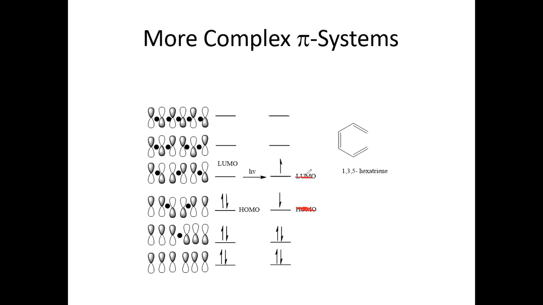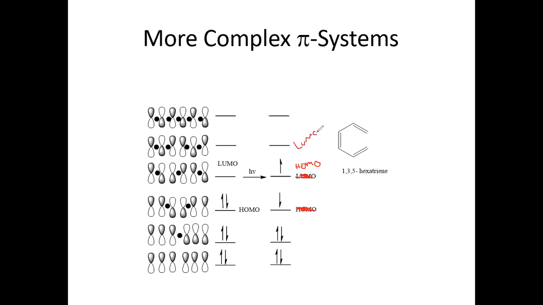Let me fix that right quick. And I'll fix it on the actual slide before I upload it. All right, so that's the HOMO, and then this will be the new LUMO in the excited state.